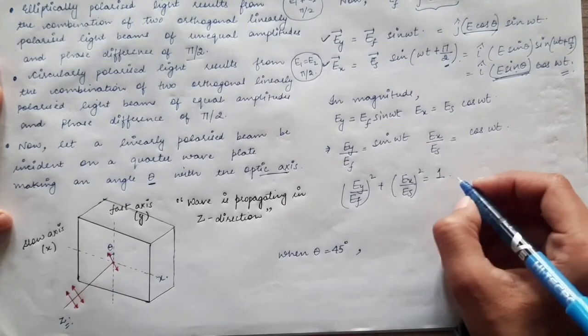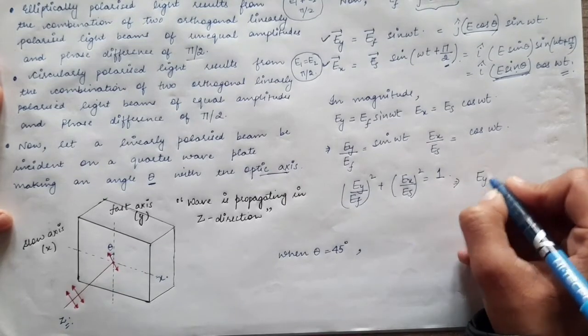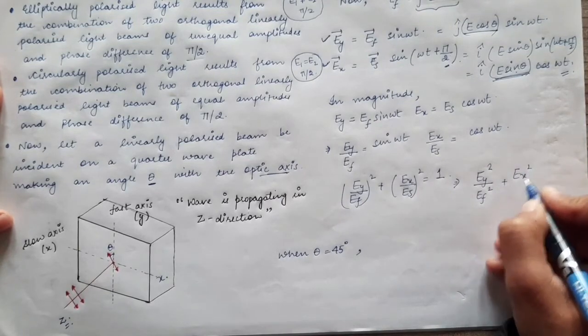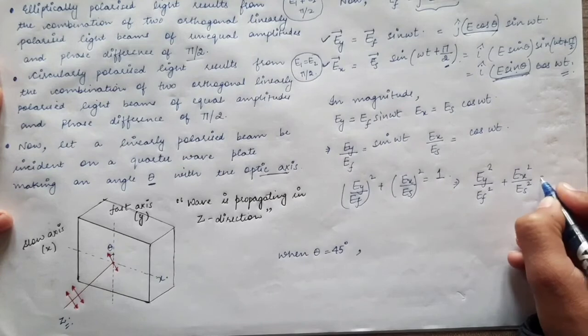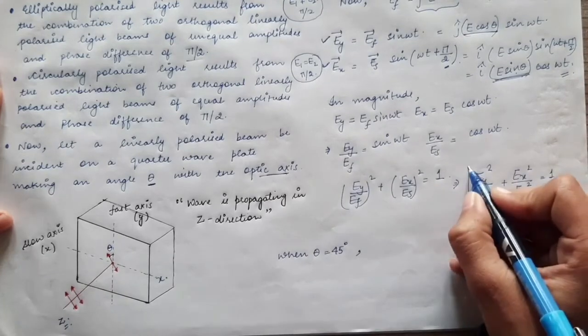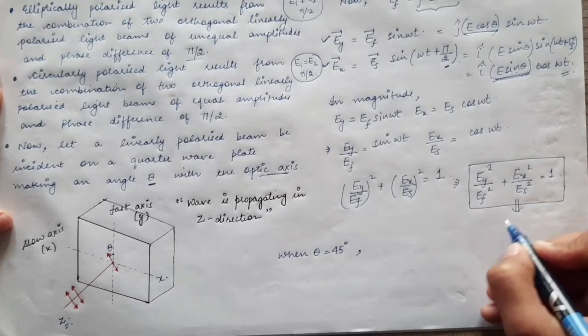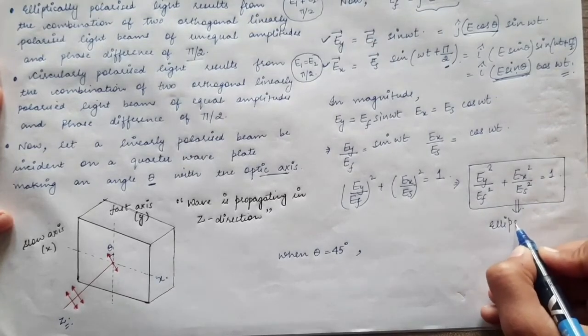So EY square over EF square plus EX square over ES square is equal to 1, and this is the equation of an ellipse.